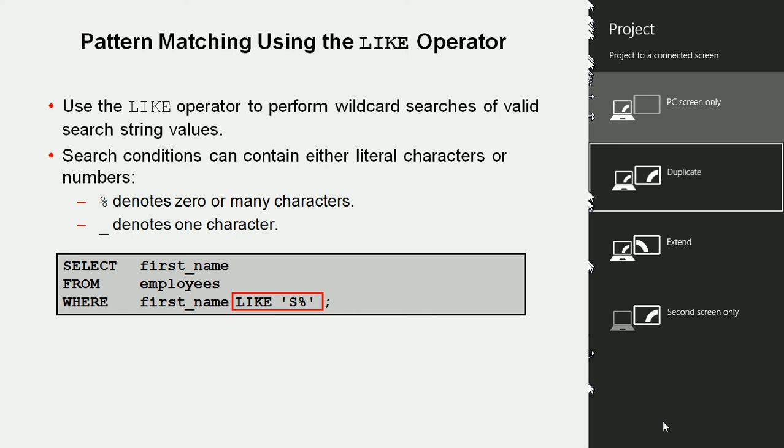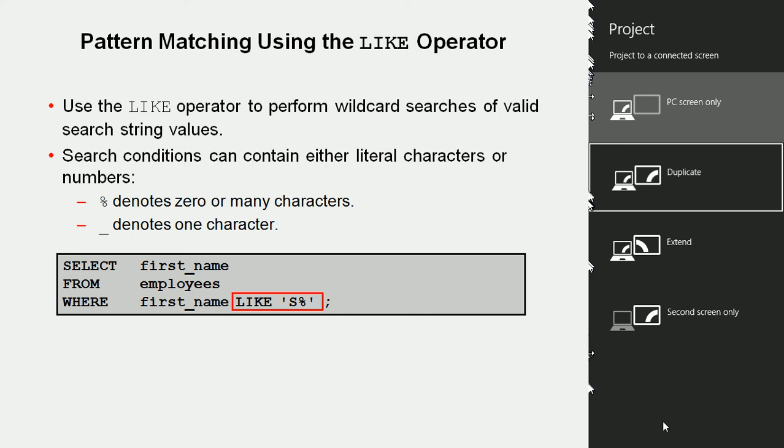The percentage sign denotes zero or many characters, because there might be records, like names Ali, Ahmad, that contain more than one alphabet, not only just A. You also need to display the rest of the string, whatever it contains, but we want to perform the search by the letter A.